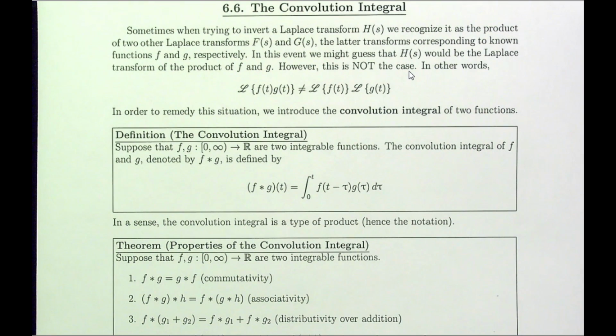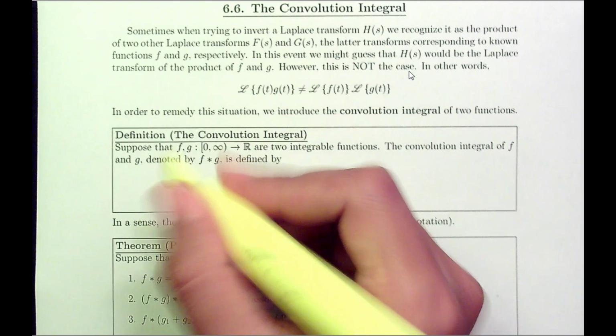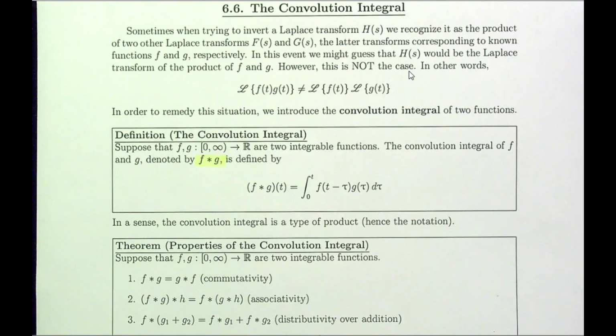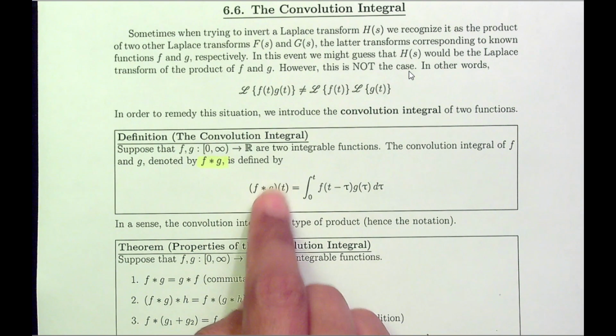Then the convolution integral of f and g, we use the notation f star g. The star is like a sort of product, but we specifically do not use a dot because that would be just the usual product. You can read it as f convolved with g, or just say f star g. It is defined by this.